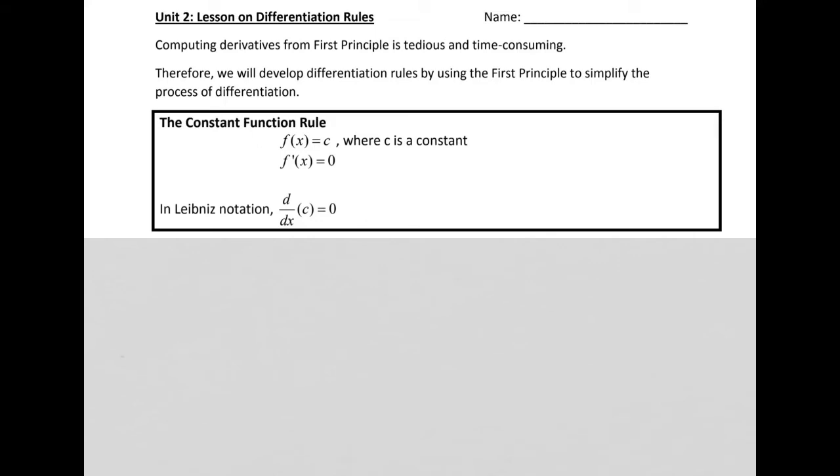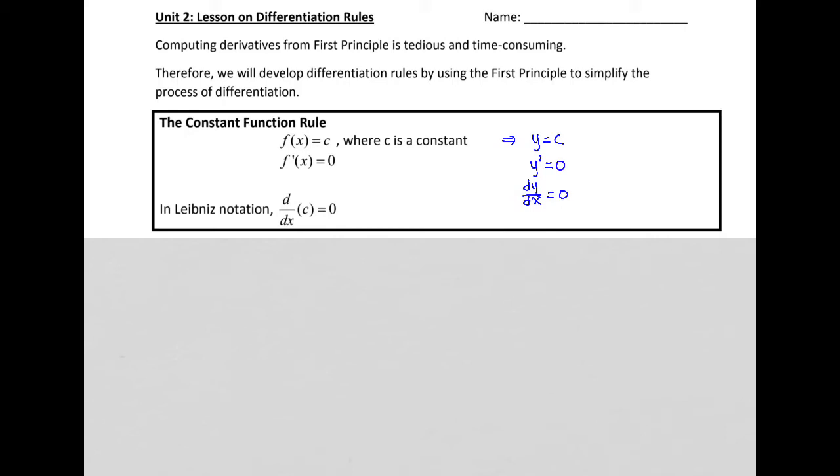And there is another way to write these rules. So f(x) equals c, I can write as y equals c. So f prime equals 0, I can write y prime equals 0. And y prime, there's a different way to write it, using Leibniz notation, which is dy over dx equals 0. This means the slope of a tangent, which is rise over run, which is the changing y over changing x.